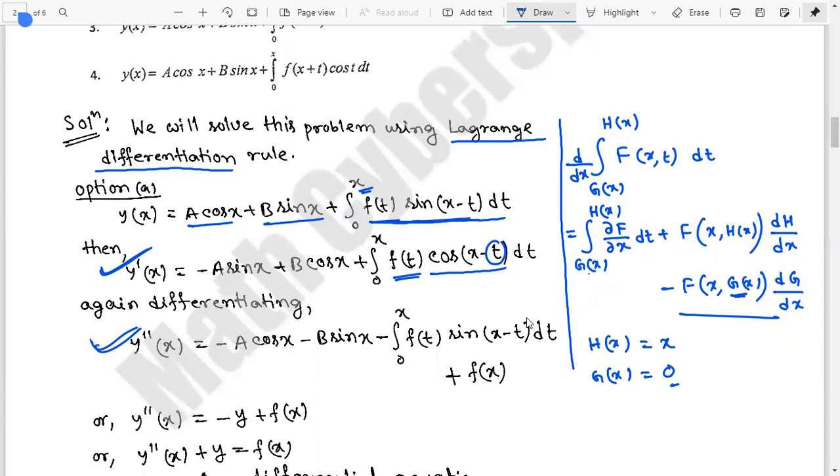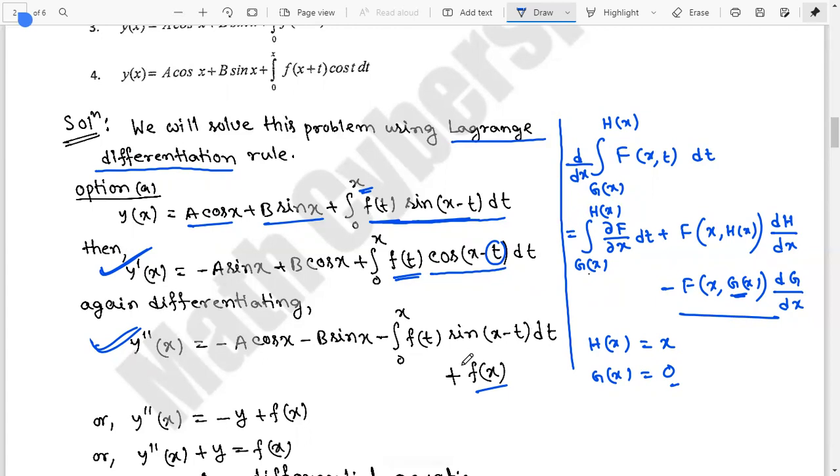There will be a function f(x), because when we differentiate, dh/dx will be 1, and replacing t by x, we get plus f(x). Let me check once again. Yes, this is correct.